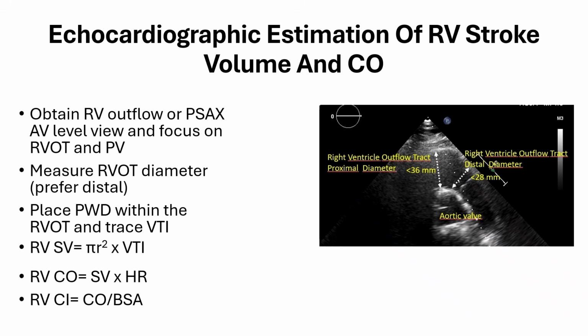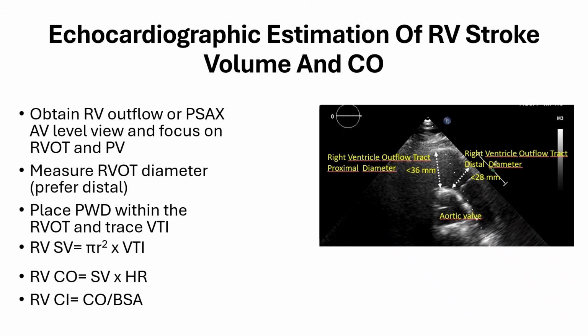You will need to use pulse wave Doppler and place it within 1 centimeter of the pulmonary valve, and then trace the velocity time interval. The formula for RV stroke volume is pi R squared times VTI, or velocity time interval, through the RVOT. Again, to remind ourselves, the value of pi is about 3.14.